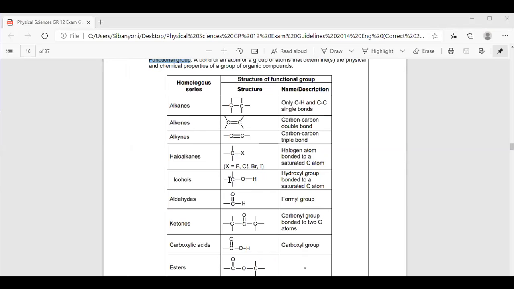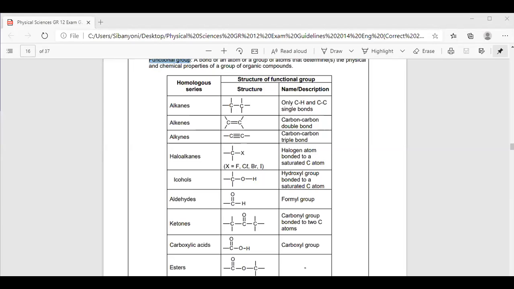So it is very important for you to know this, my dear learners. We will definitely ask you. You are not going to get a question where we are not asking you to draw a functional group.